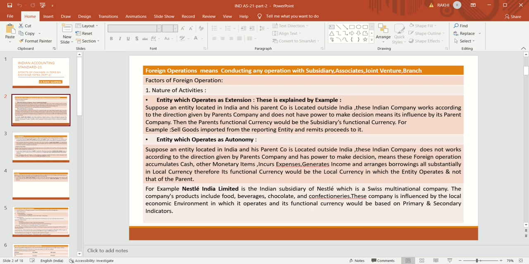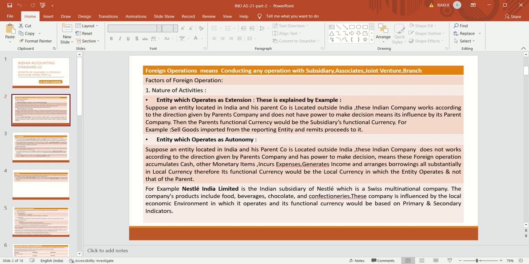They accumulate monetary items, like their debtors and their creditors. They take loans and pay loans themselves, they incur expenses of their own, they generate income of their own, and they arrange borrowings, all substantially in local currency. All the transactions they do in their own currency. Therefore, that company's functional currency would be their own currency, in which the entity operates, and not that of the parent.